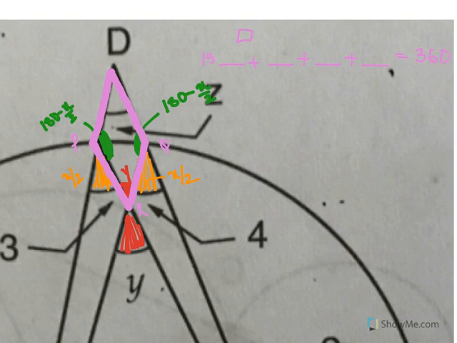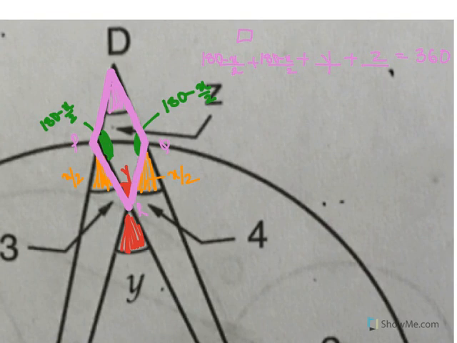And the angles are: 2 of them are 180 minus X by 2, then Y plus this Z. This angle is Z, equal to 360.